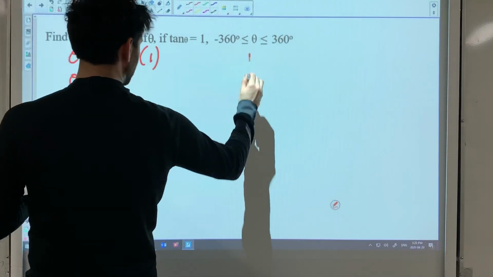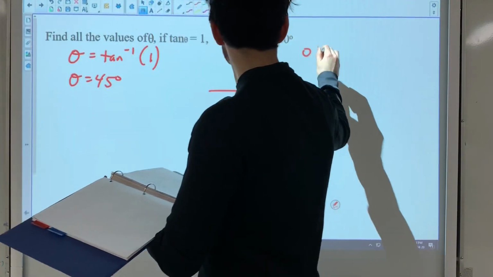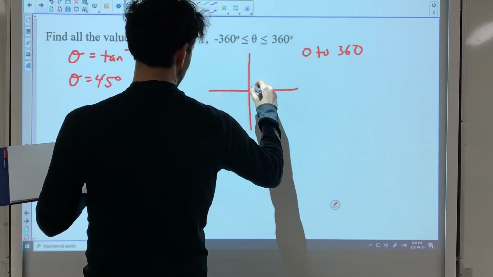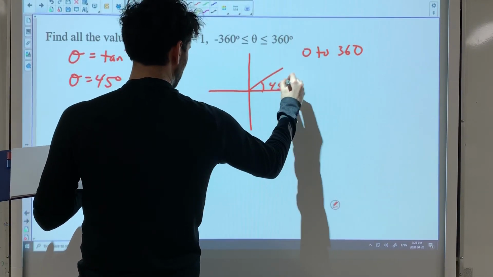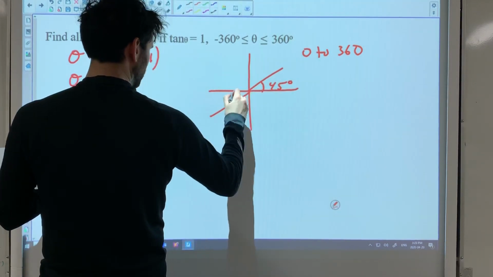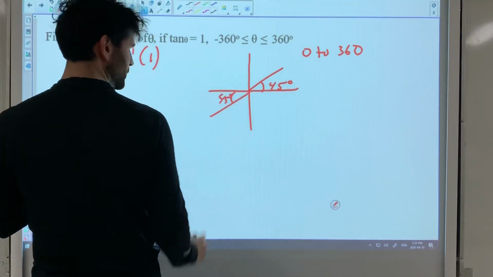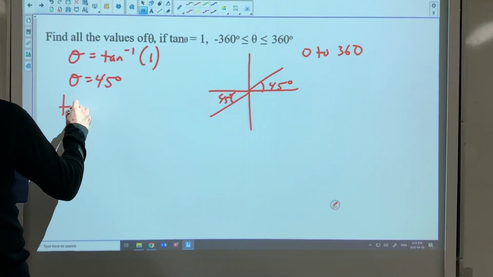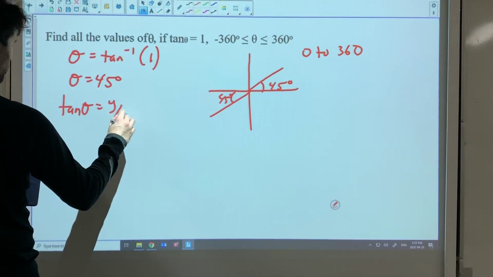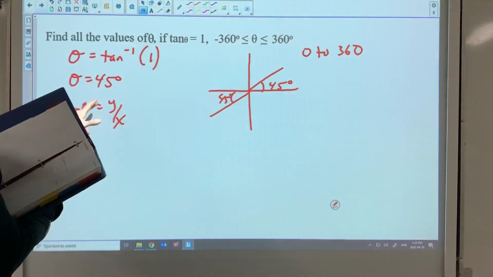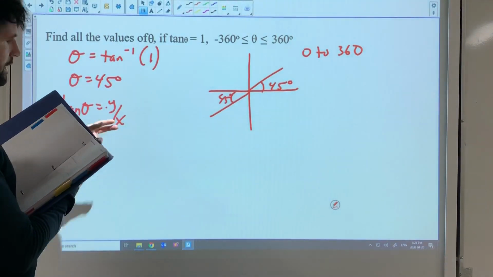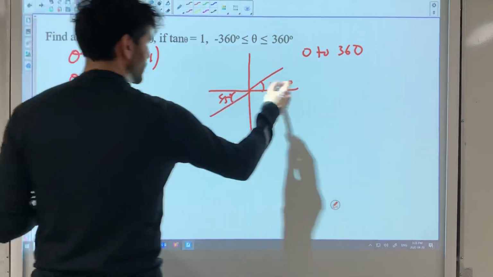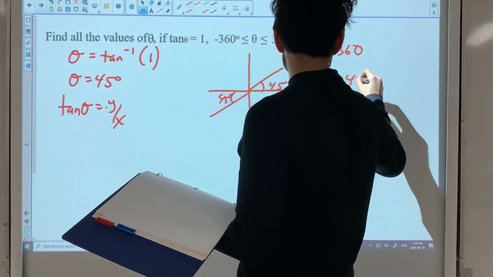If we just look from 0 to 360, if you remember the places where tan is positive, it's positive over here in quadrant 1, and over here in quadrant 3, where both x and y are negative. That all makes sense because tan theta is y over x. So if the ratio of y over x is positive, if this is negative and that's negative, overall your tan theta value is positive. So one answer is 45 degrees.